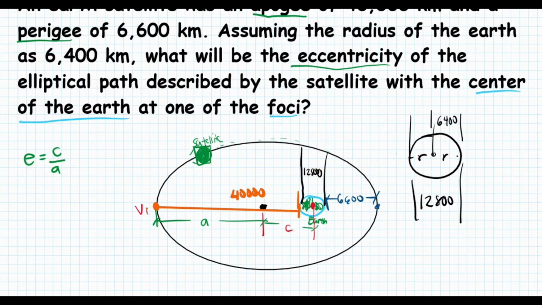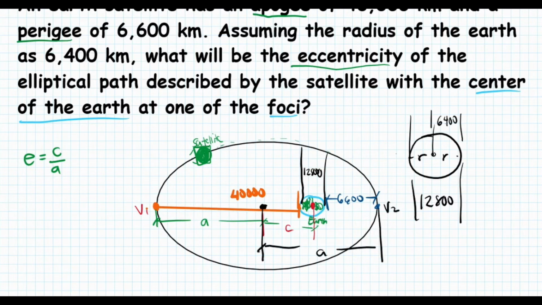Okay? So, since this is A and C, ito naman, 6,600, from this hanggang dito. We also know that mula dito sa pangalawang vertex mo hanggang dito, this is also equal to A.